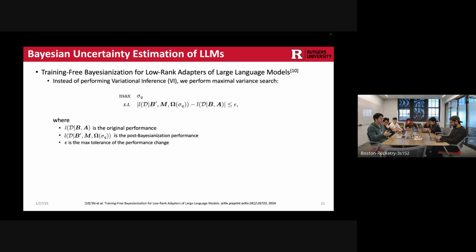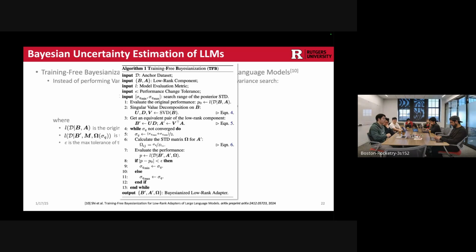So now this training-free Bayesianization is completed, and this algorithm is extremely simple. No backpropagation required. All you need to do is this binary search or search in parallel. It depends on the computational resource that you have at hand.